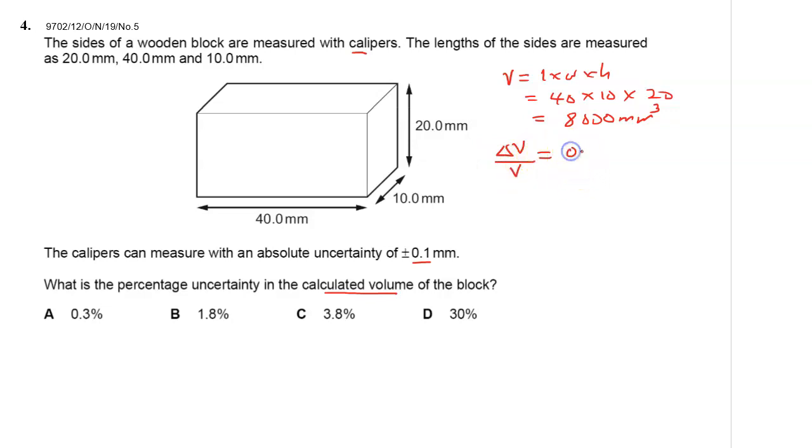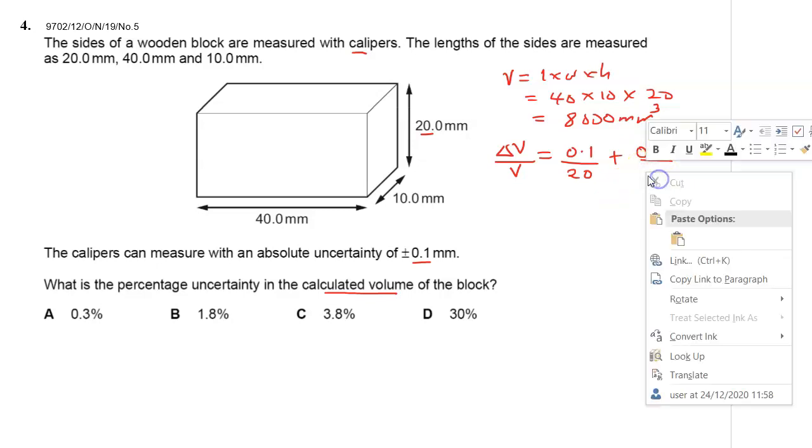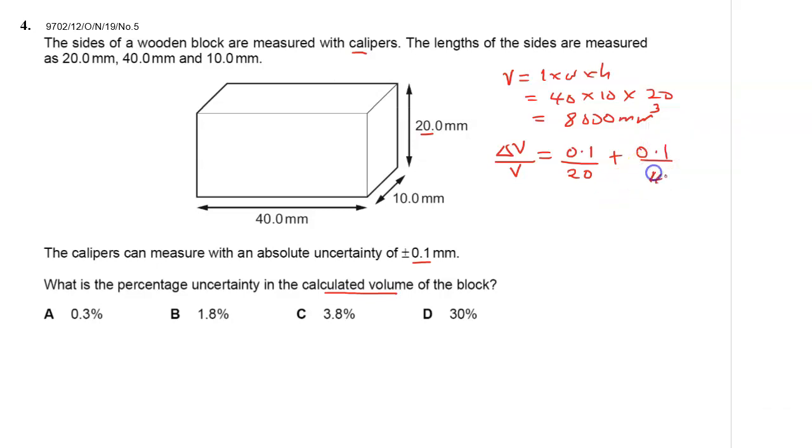We know that for absolute uncertainty, the absolute uncertainty of volume divided by volume should be equal to the absolute uncertainty of the calipers, which is 0.1, divided by the measurement, which is 20 for this case, plus the absolute uncertainty of calipers divided by 40, which is this one here, and then plus the same absolute uncertainty of the calipers divided by 10.